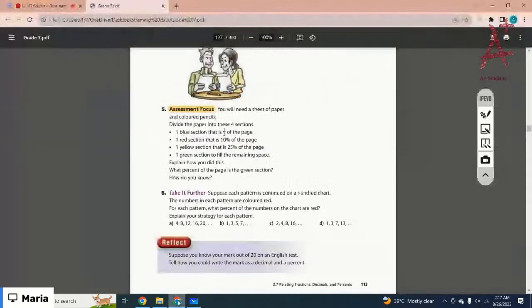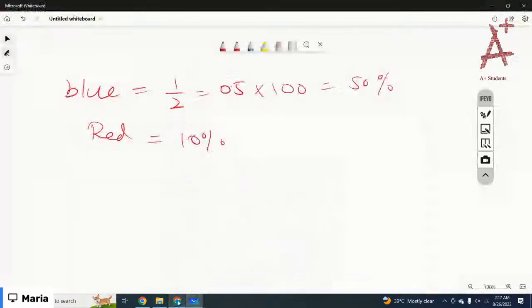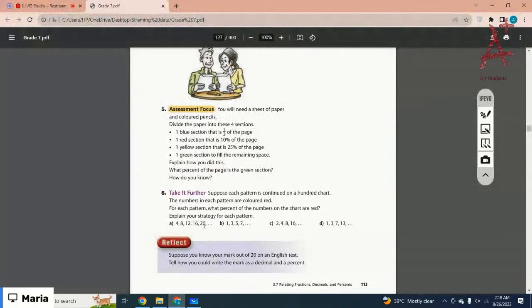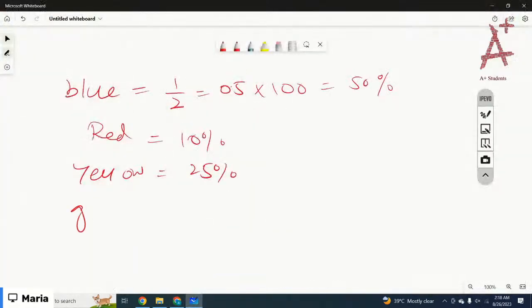Then you have yellow is 25%. And you have to find how much portion is green. You're not given that the remaining part is green, right? You have to calculate how much portion is green. Let's just add these three percentages, the blue, red, and yellow, right? 50% plus 10% plus 25% is 85%, right?